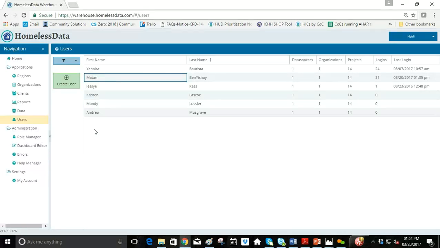If that makes sense. Either you want them to upload data or you want them to run reports, whatever it is, you can either assign them permission for that one project, or you say to them, you go ahead and upload it, and then you can have oversight over everything.